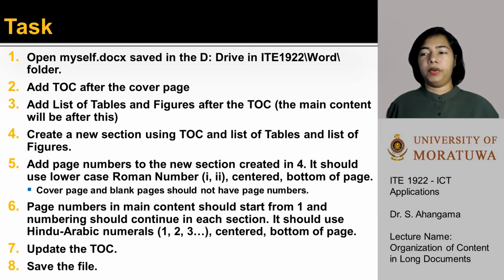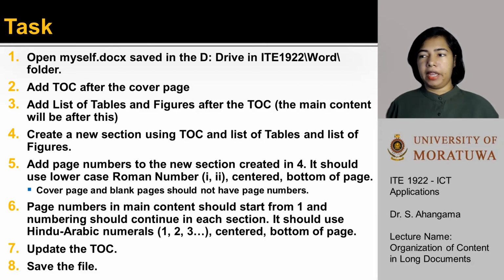Step 4, you have to create a new section. In that section, you will have the table of contents, list of tables, and list of figures. You have already learned how to create a new section. Then you have to add page numbers to the new section created in the previous step.